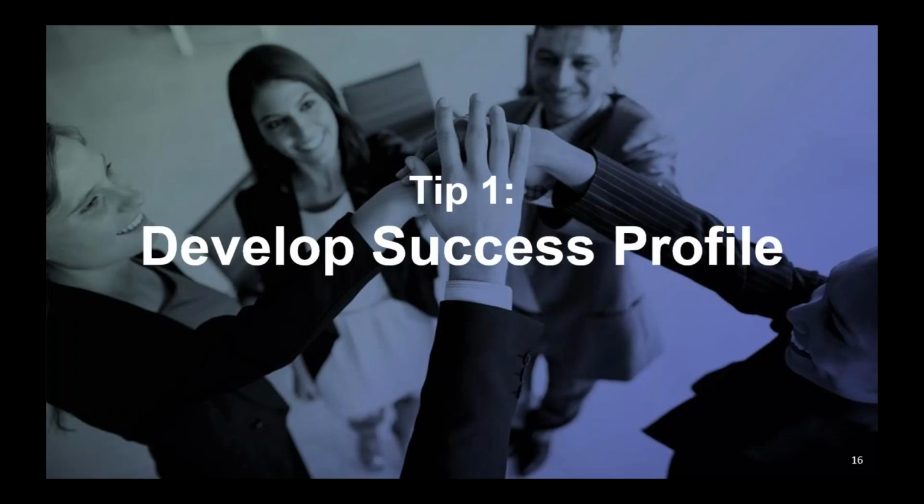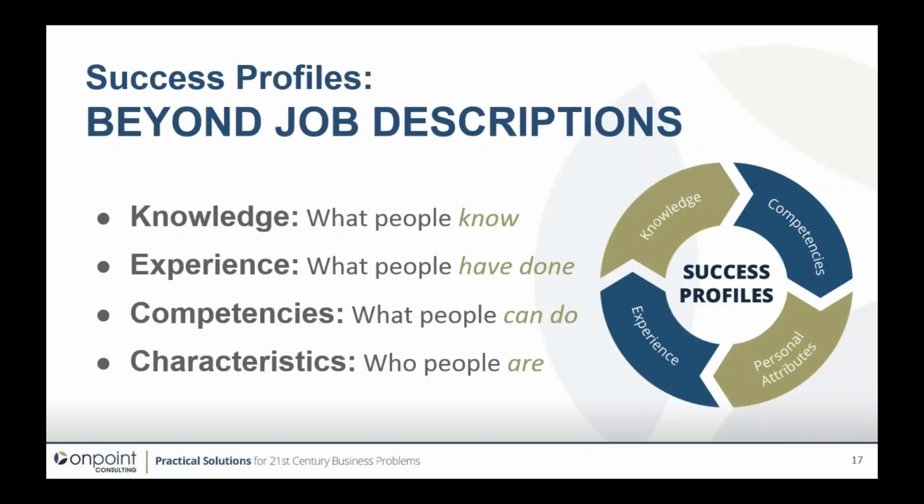So we'll use them as an example to illustrate some of these tips and bring them to life. The first tip is around developing a success profile. For me, this is really central to the success of the whole process. What you're trying to do is go beyond the job description and identify what it takes to really succeed in this position. You're looking at 4 components overall. You're looking at what people know, what people have done, and what they can do in terms of their current capability, but you're also looking at their characteristics in terms of who they are.